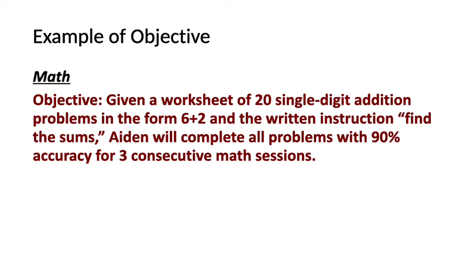So the objective is really concrete, and this objective includes 5 core elements, right? So that's the general understanding of the difference between goals and objectives.